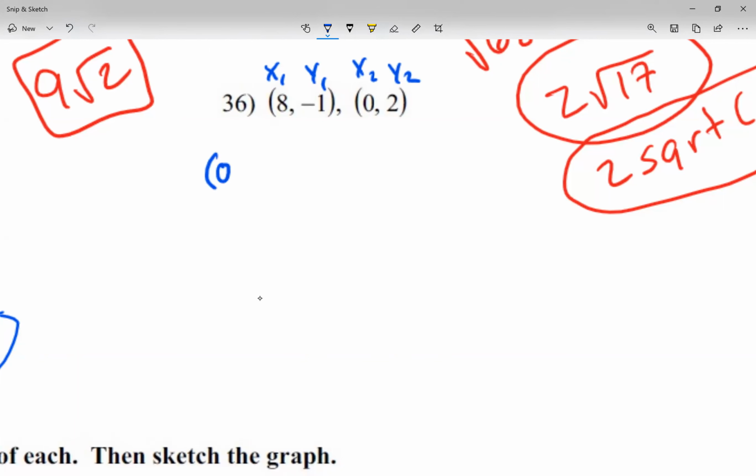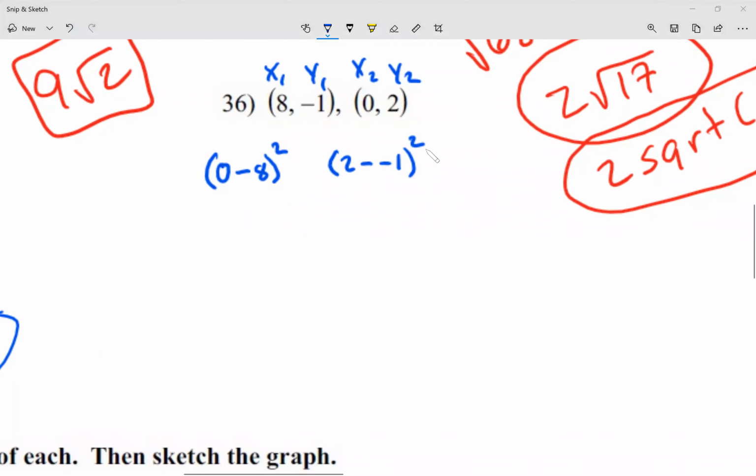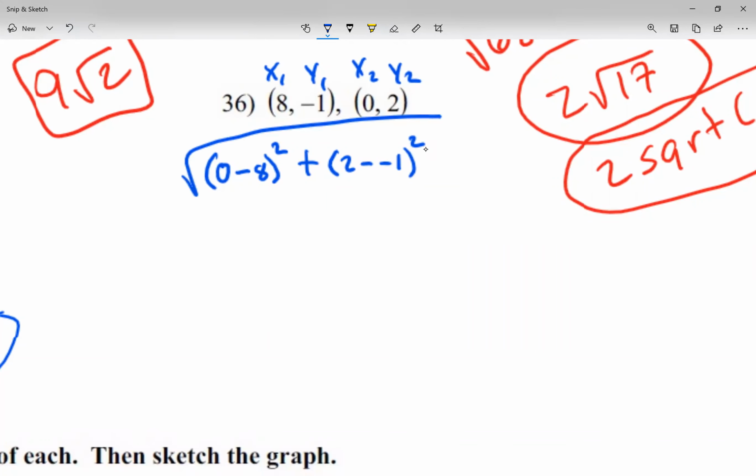So I have 0 minus 8, and that parentheses is going to be squared. My second parentheses, the second y minus the first y. So 2 minus a negative 1, and this parentheses is going to be squared. I'm going to have a plus in between my parentheses, and all of this is inside a square root.